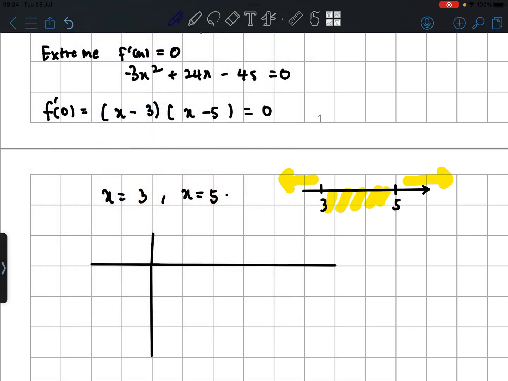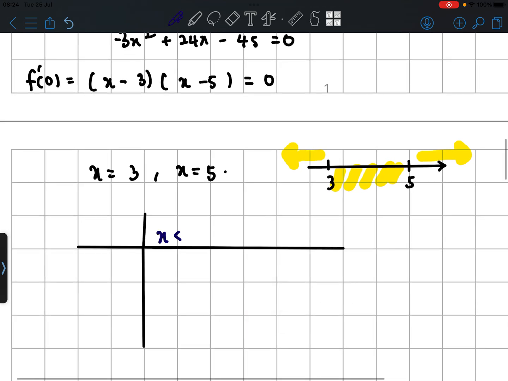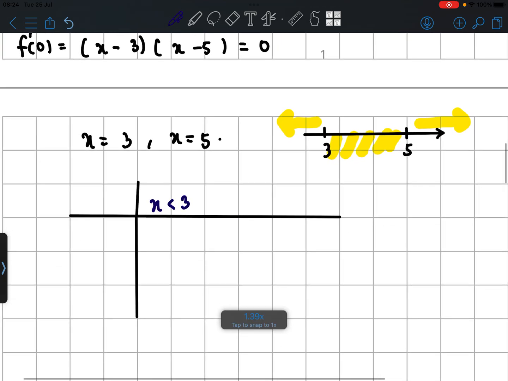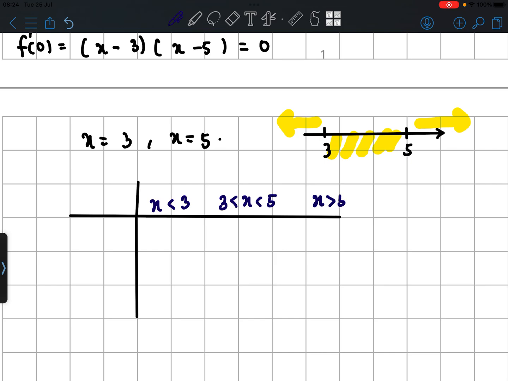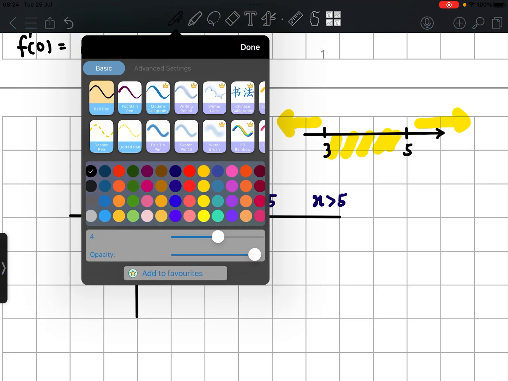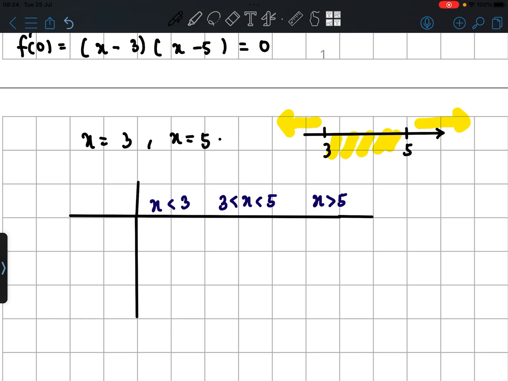So yang dekat kiri adalah yang x tu kecil dari 3. Okay, x is less than 3, and then the middle one is when x is between 3 and 5, and then lastly is when x is greater than 5, dekat the right side. So these are our 3 regions.